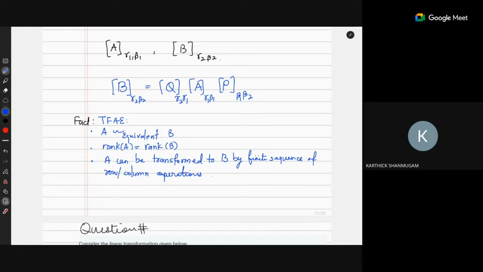The coefficients we put as the matrix P, and the same procedure for Q. Once we have that, we do Q into A into P to derive B, if asked to find the equivalent matrix for A.